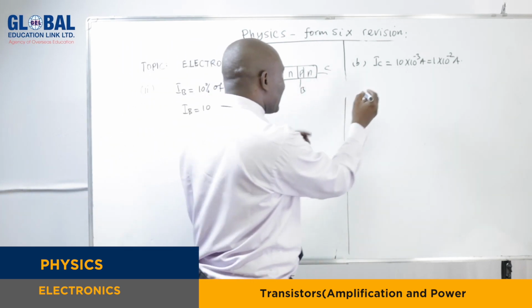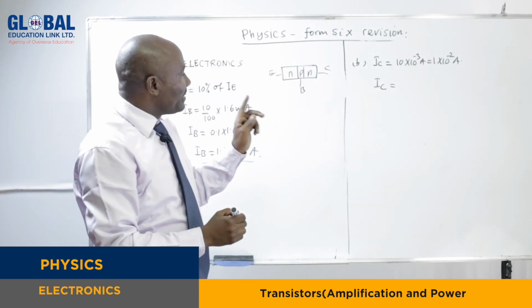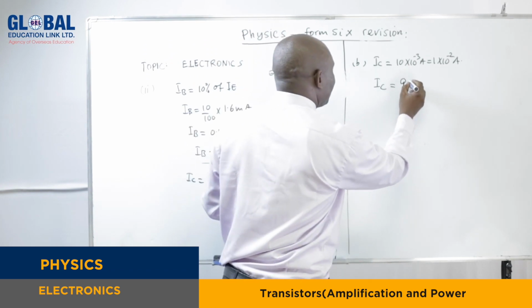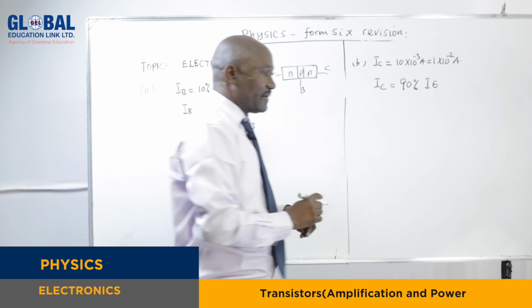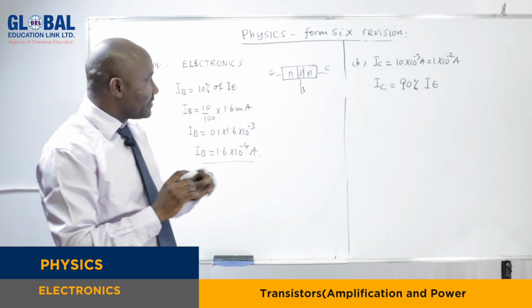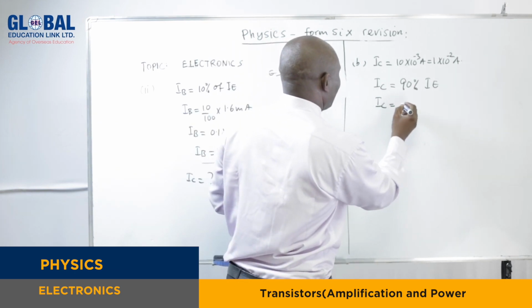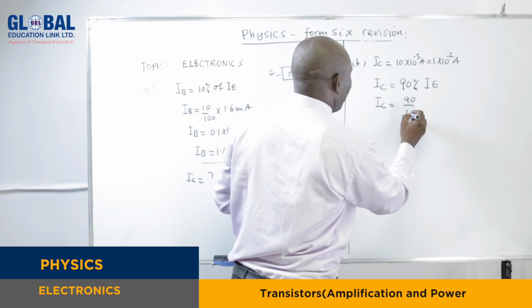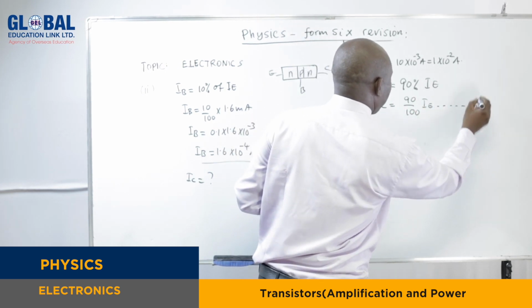So it means that the collector current is contributed by 90% of the electrons emitted from the emitter. That's the information we have. So from there, we are looking for the base current. So we know that IC equals 90 over 100 IE. Question number 1.